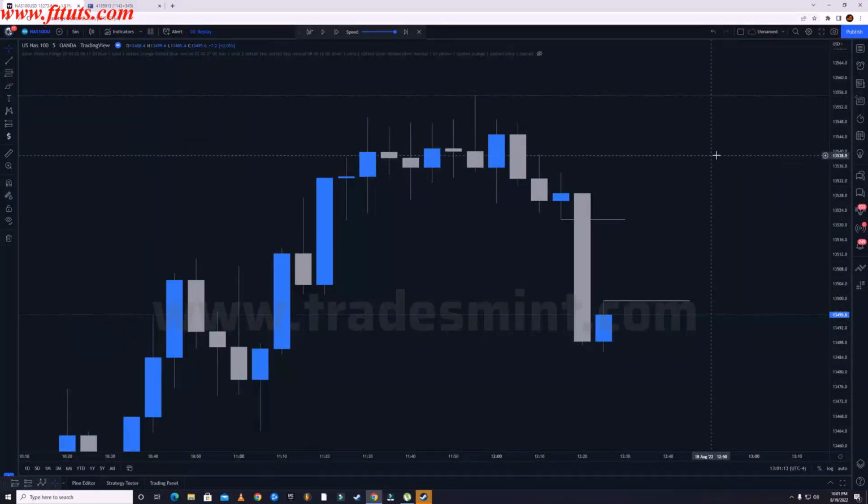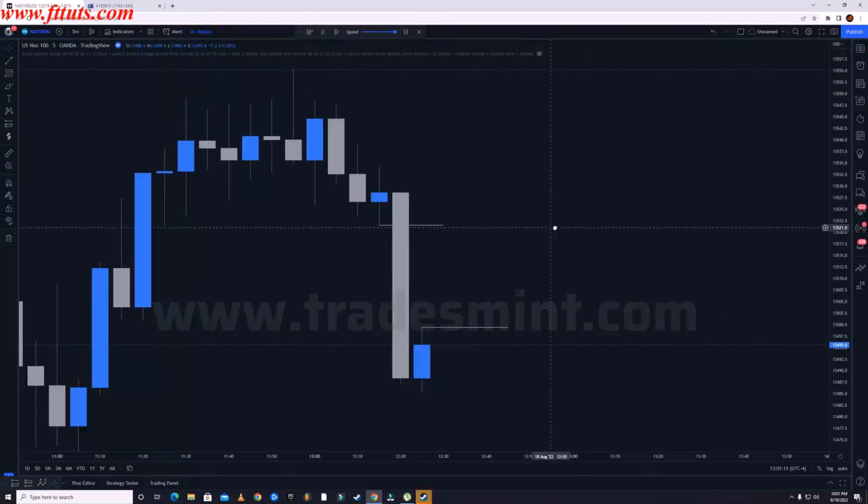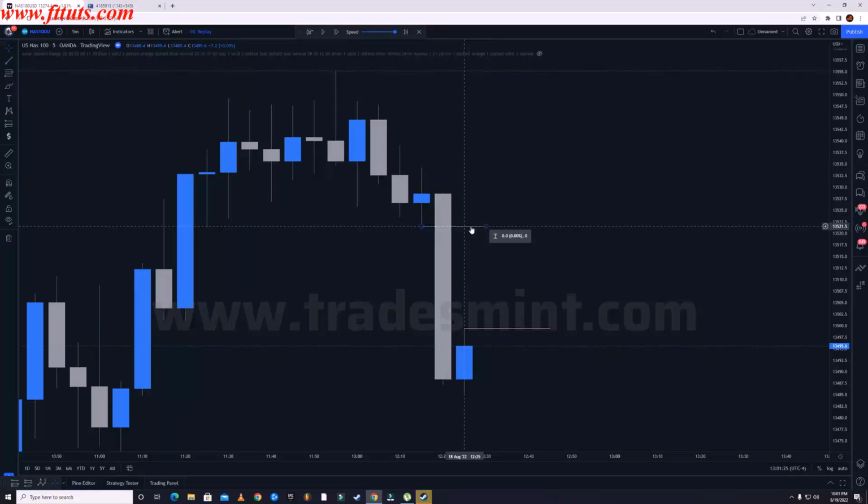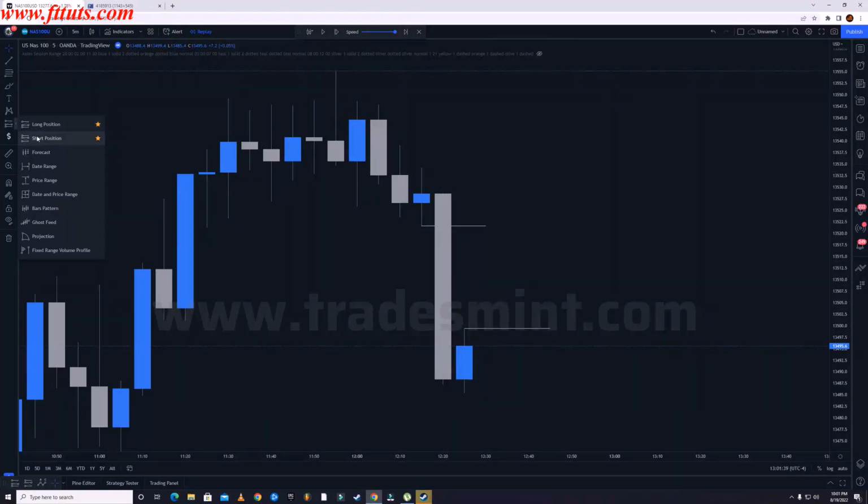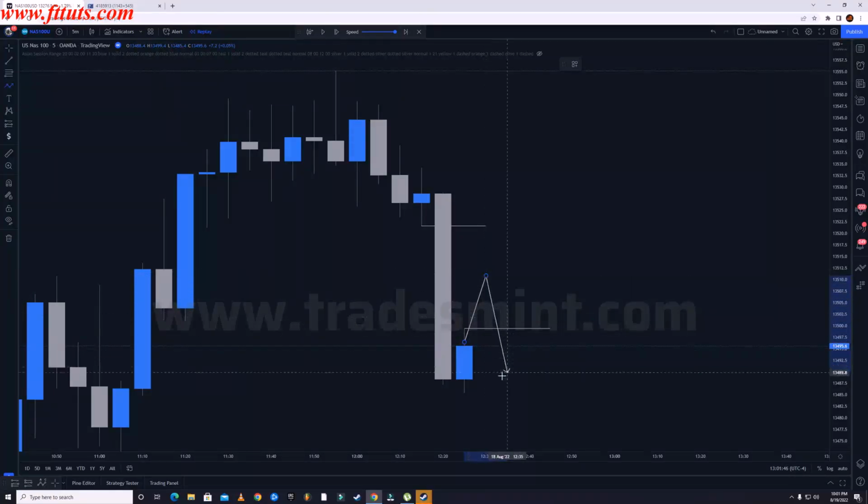As we discussed, when we're looking for a short position, we look for the low of the first candle, which is this. As you can see, there is a wick. So this is the low of the first candle, and then we look at the high of the third candle, and there you can see there's a gap around this level. And what we should be expecting is that price is going to fill this level, this imbalance, and go down.